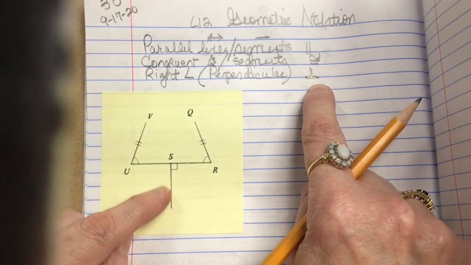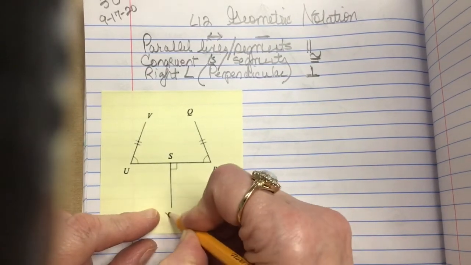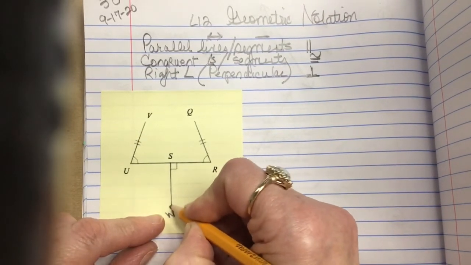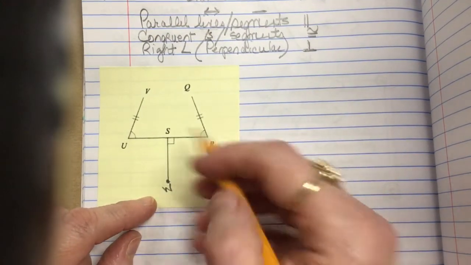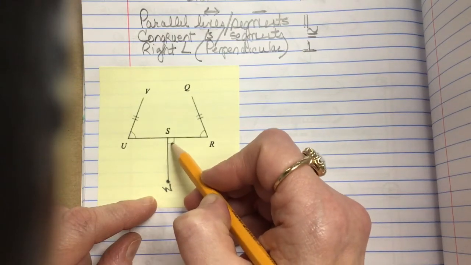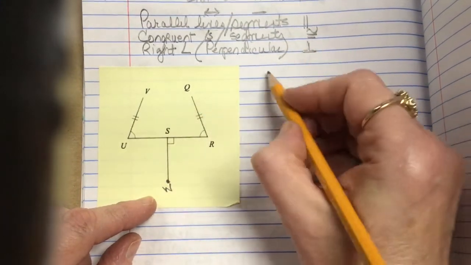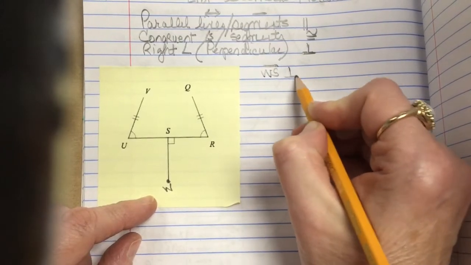If I'm going to talk about, okay, I think I chopped a letter off on this one when I cut and pasted it. Yeah, there's a W right here. I can't name that segment because it doesn't have a letter on it. So when I see this, it's a right angle. What we're going to say is that this segment, which is real easy, WS is a segment, is perpendicular.